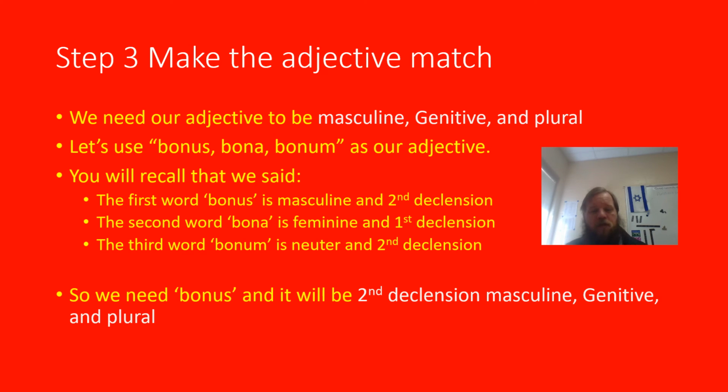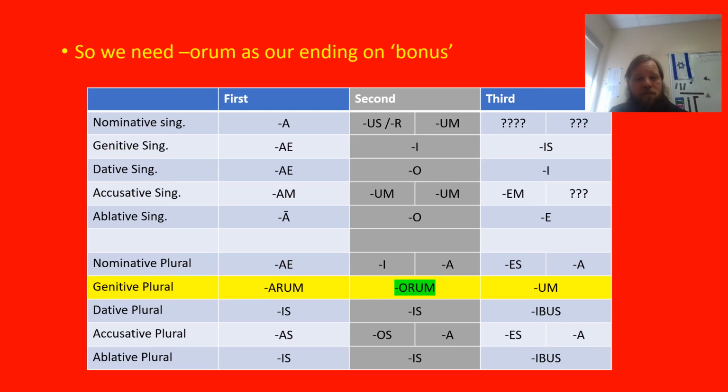Okay? So we need bonus. That's the masculine form. We need it to be genitive and plural. Because we need bonus, we know we also need second declension because the masculine form here is second declension. All right? So we look at our second declension, we look at our genitive plural, and we find that we need an ending of -orum.